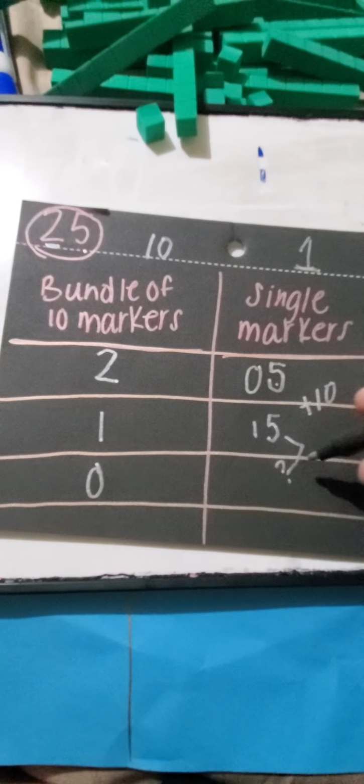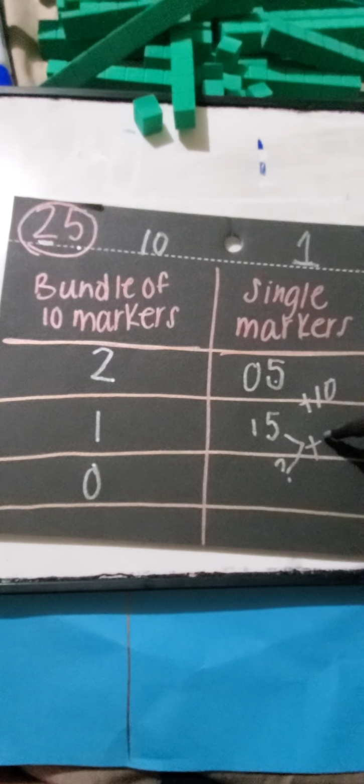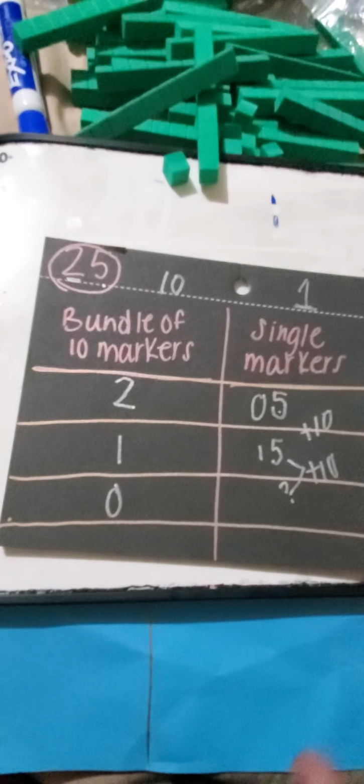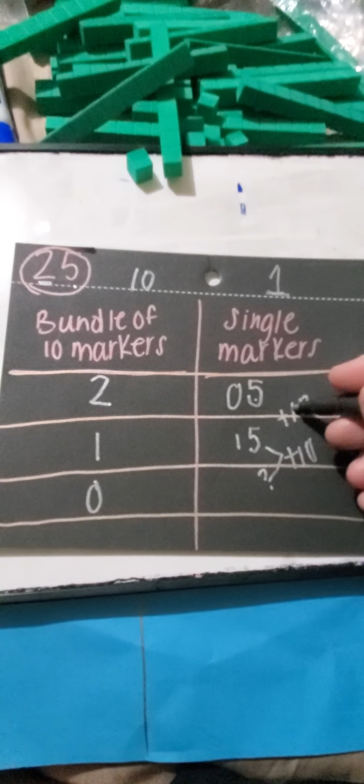Okay? From here to here, which we don't really know yet what's over here, right? It is plus 10. So that would be 15 plus 10. But we can actually figure out the answer here just by looking at the pattern, okay? Let's erase that so you don't get confused.